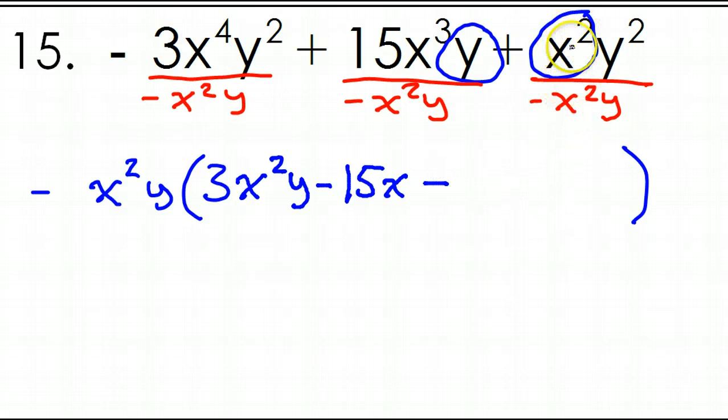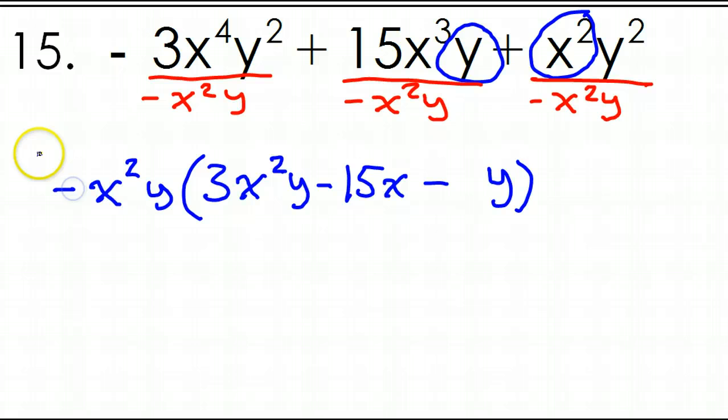These two x's cancel each other out, and this y cancels out one of these y's, so I will just have y. And that's it. There's nothing I can do with this as far as factoring further. So this is going to be the final answer.